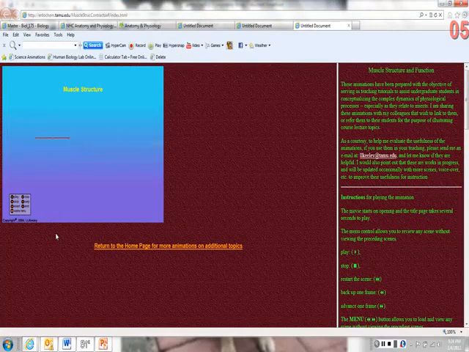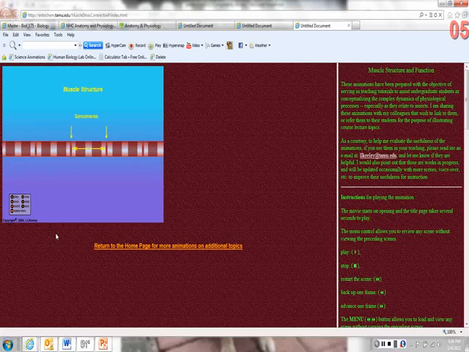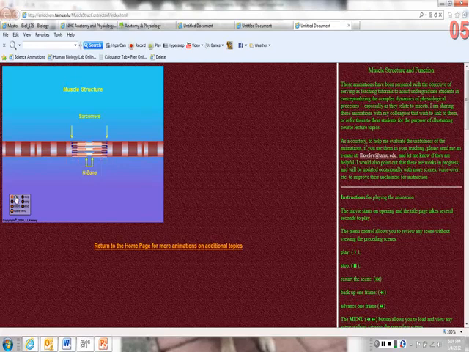And the different myofibrils within the muscle fiber. And then we have each of the sarcomeres next to each other. And then we have the different bands and zones. Sometimes the terms H-band and H-zone are used interchangeably.